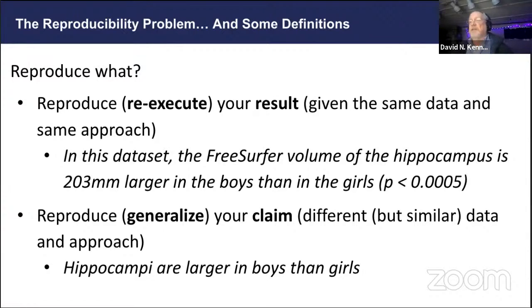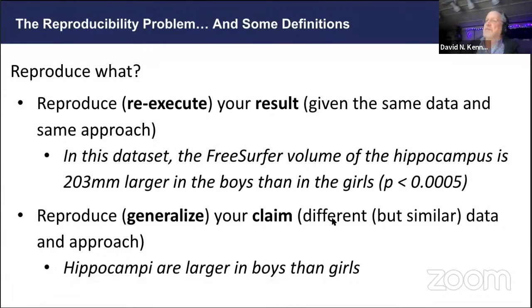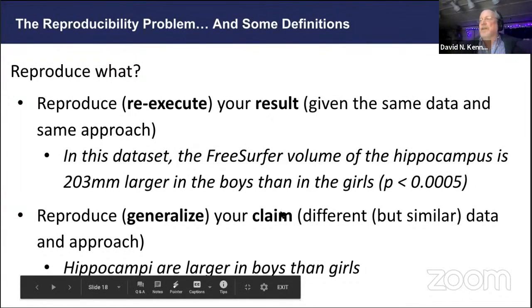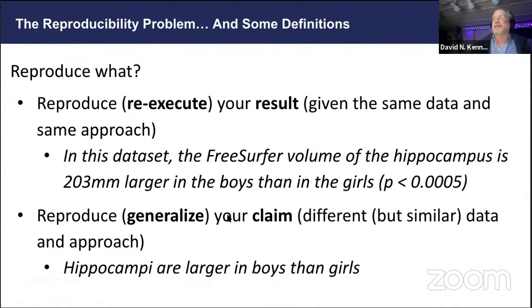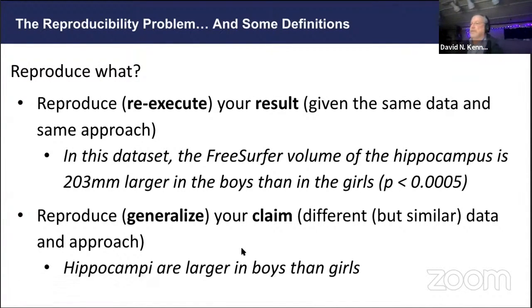To generalize that, I'd need additional data and additional tools that look at volume, across other observations in the literature. If all of those corroborate, then we can begin to generalize and reproduce the claim that hippocampi indeed are larger in boys than girls.